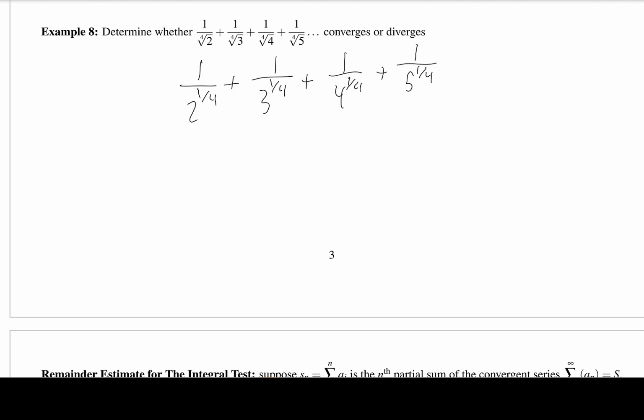And so what I notice is that this is the same thing as just saying the sum from n equals 2 to infinity of 1 over n to the 1/4. And so here we have this value is greater than 0, so we can use our p-series test. This one is less than or equal to 1, but still greater than 0. So that means that by our p-series test, this sum diverges.